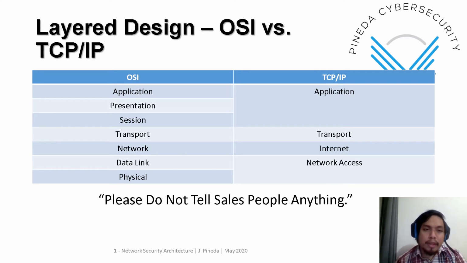Because if another vendor would create its own protocol, it will just follow the rules and the standards on that layer, and it will be able to communicate with all other network devices. That's why we are using OSI for the majority of our analysis, our study.